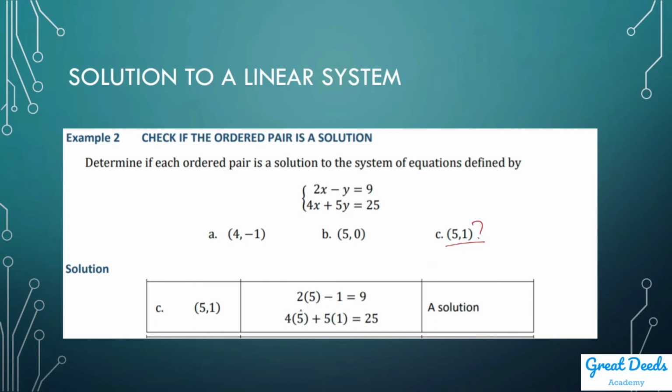Let's check it out. 2 times 5 minus 1 is 9. That's good. 4 times 5 is 20, plus 5, it's equal to 25. So this pair makes your equations true. That means it is a solution.